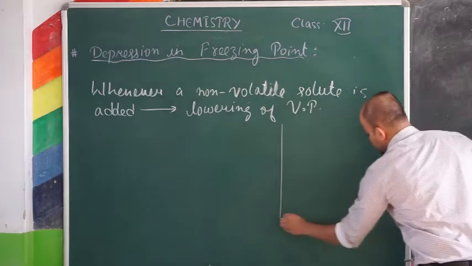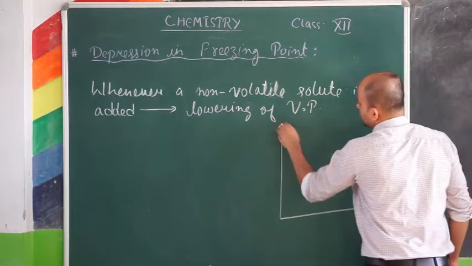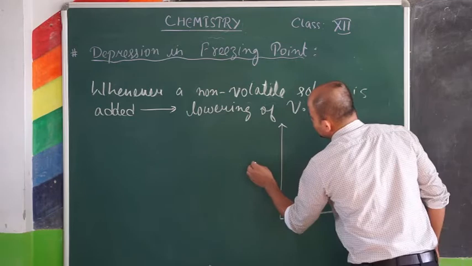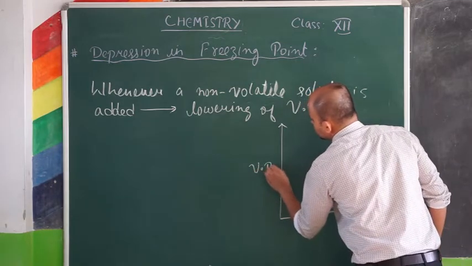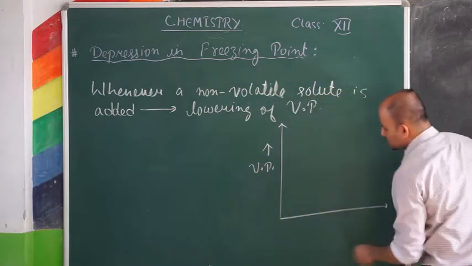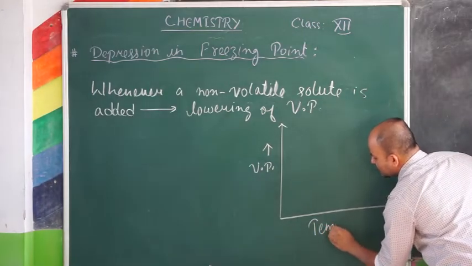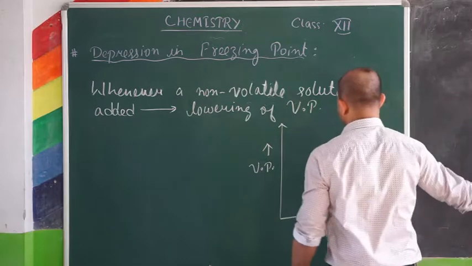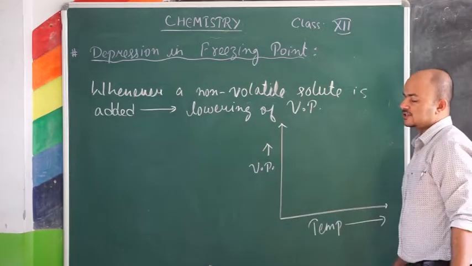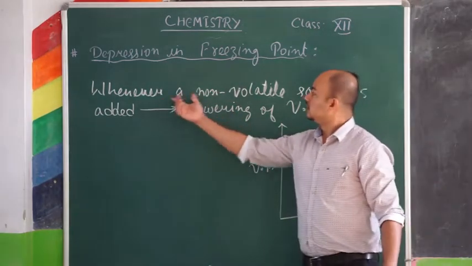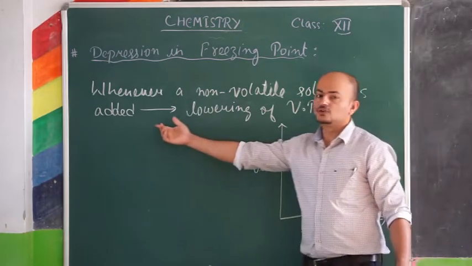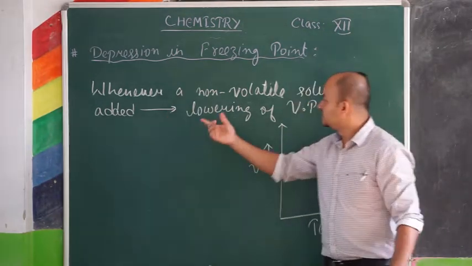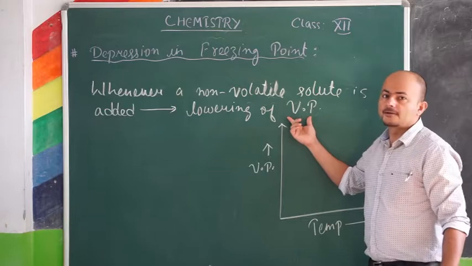Let's draw a graph where on the y-axis we have vapor pressure. As you go up, vapor pressure increases, and on the x-axis, as you go towards the right-hand side, the temperature increases. Whenever a non-volatile solid is added to a solvent, this results in lowering of vapor pressure.